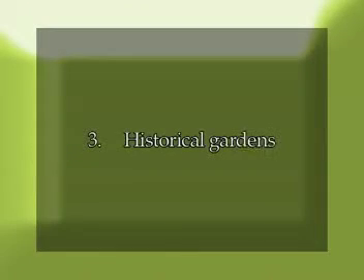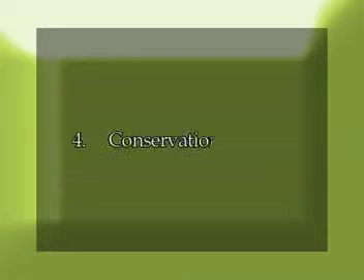Number 3, historical gardens. These have a role in teaching of medicine. Some were established for religious purposes. These gardens are now actively engaged in medicinal plant conservation and research. Number 4, conservation gardens.